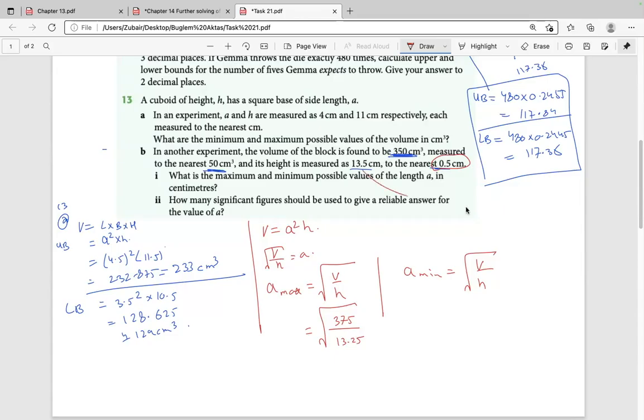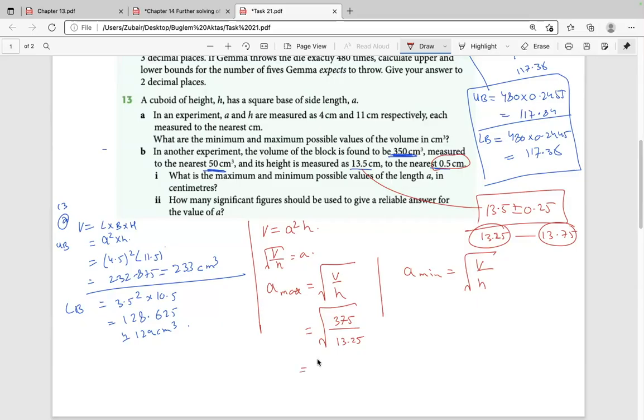Basically, what are we doing? We are doing 13.5 plus or minus 0.25. So either it is 13.25 or it is 13.75. Yes, 13.25 in order to get the maximum value of a.